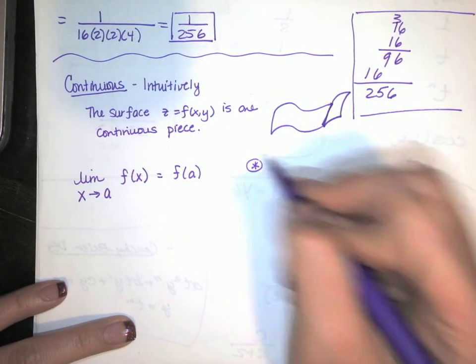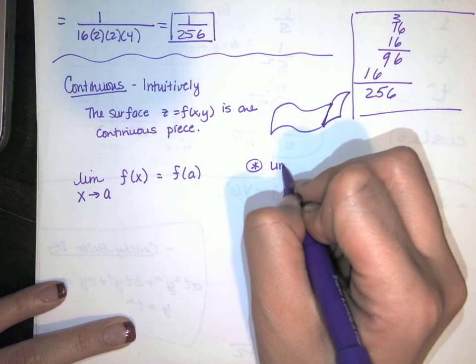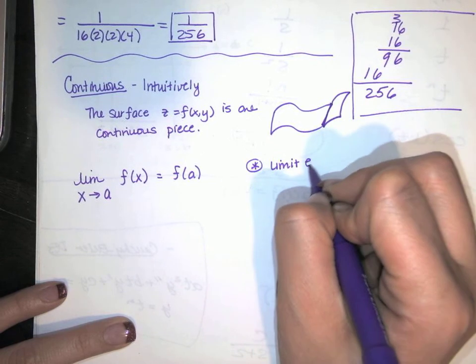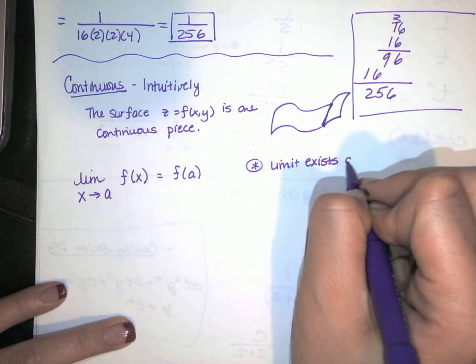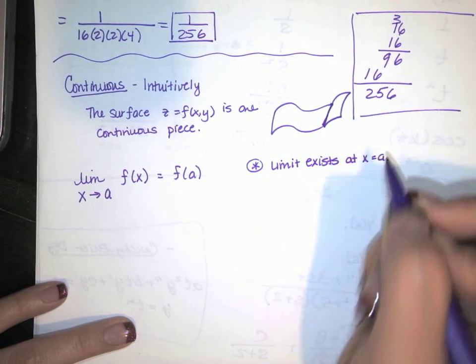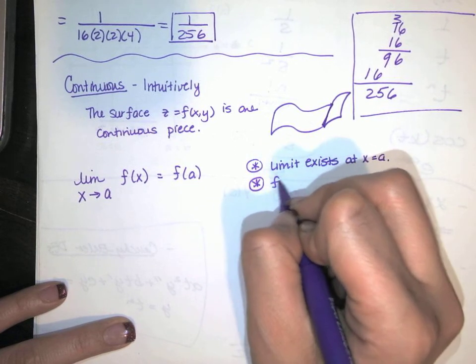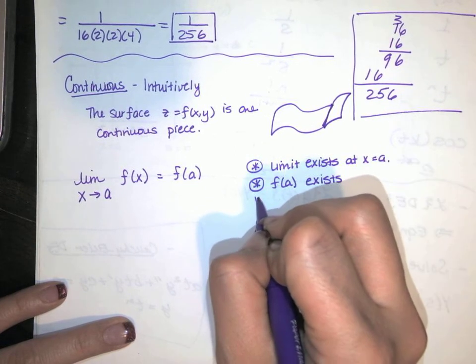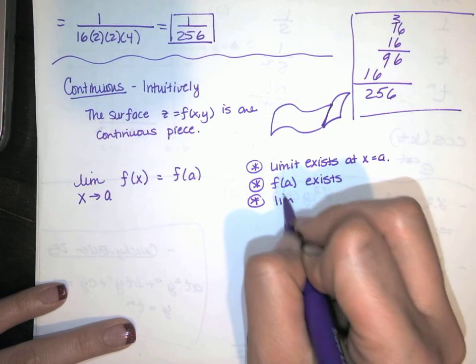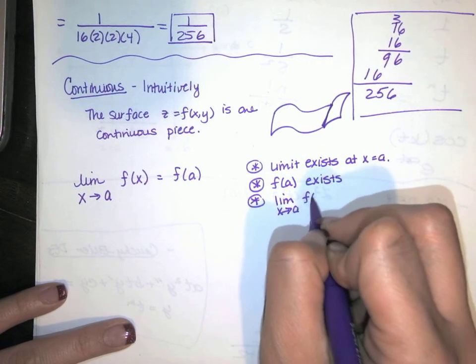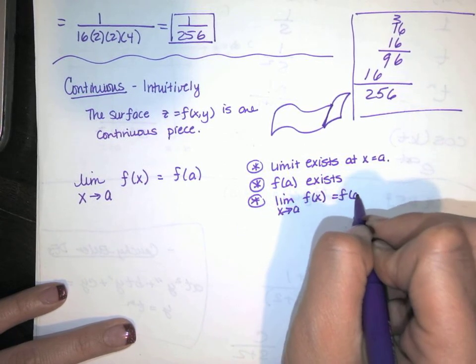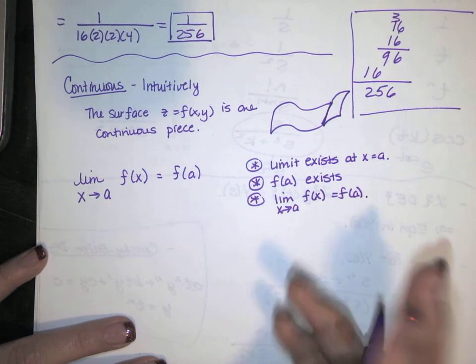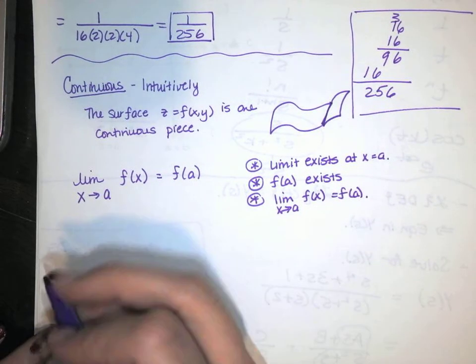So those were the three characteristics we were looking for. So the limit exists at x equals a, f of a exists, it's well defined, and the limit as x approaches a of f of x is equal to f of a. That's Calc 1 style.